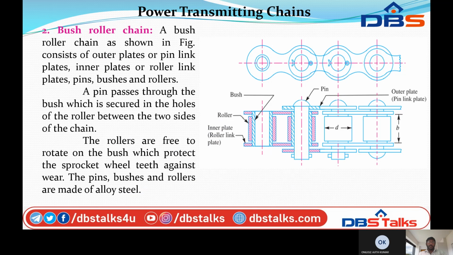The next type is the bush roller chain, as shown in the figure. The bush is attached to the roller with the support of the inner plate. The bush roller is connected to the pin with outer plate and inner plate, with diameter D and breadth B. It consists of outer plates, which are pin link plates, and inner plates, which are roller link plates.